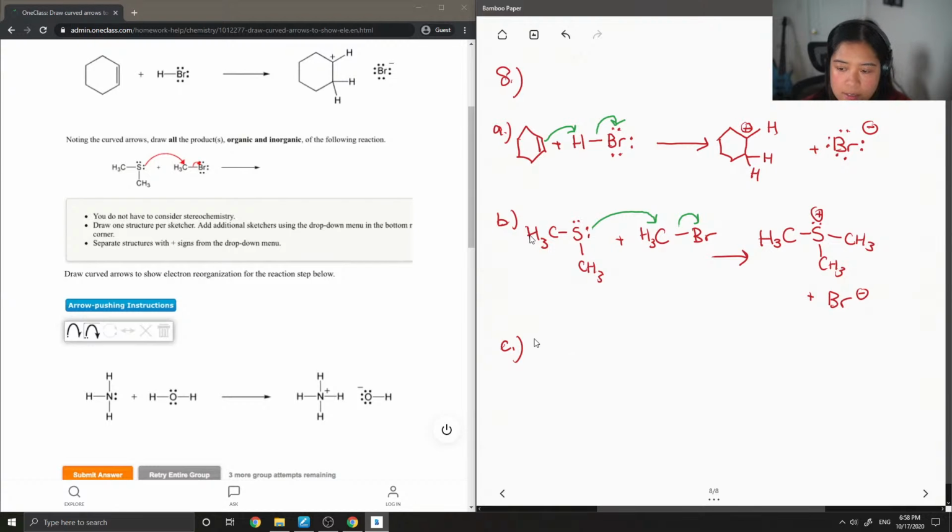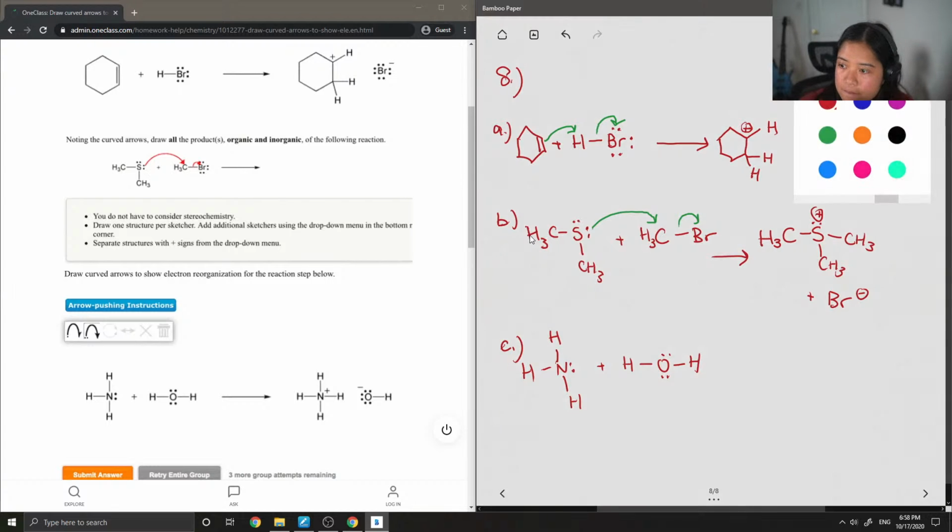And then lastly, it's another draw out the mechanism question. Okay.